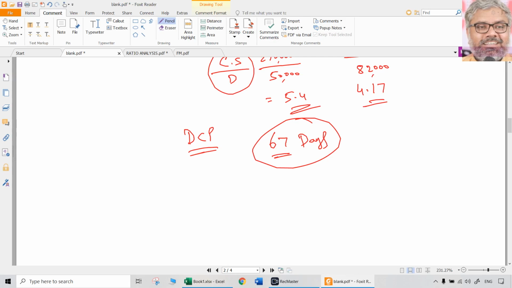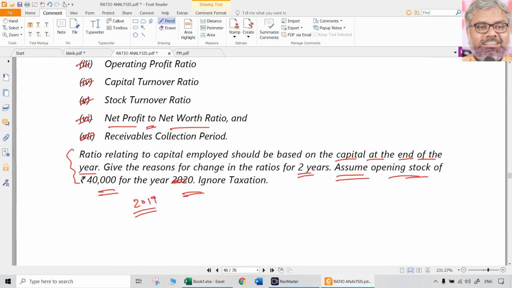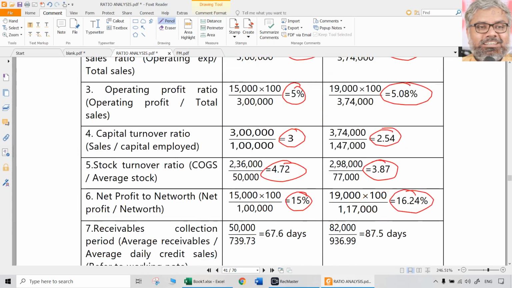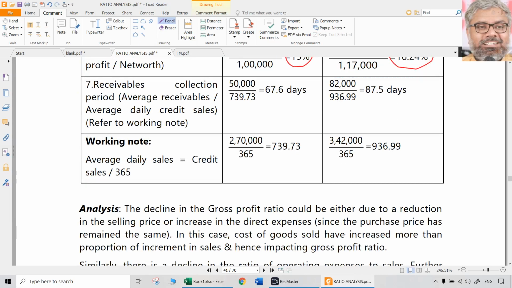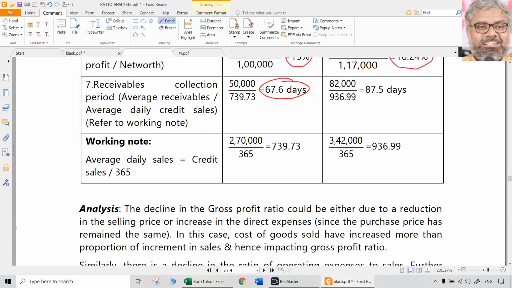Then 360 divided by 4.17, it has increased to around 86 days in 2020. So let us check them. What was taken here, number of days wise. Here it is taken as around 67.6 days. It's okay, 67 days. 86 days, approximately 87.5 days it is there.